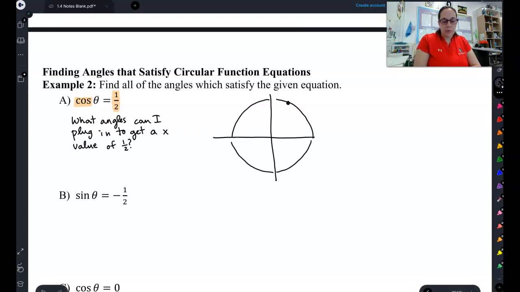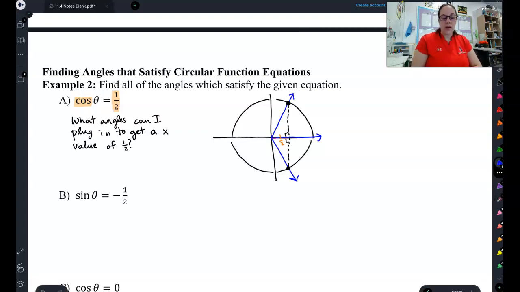So that would put us right here at this triangle, because that's where the x value has a shorter side of 1/2. But there's also another place on the unit circle that has this same x value. We also have right here. This triangle also has the same x side of a positive 1/2.